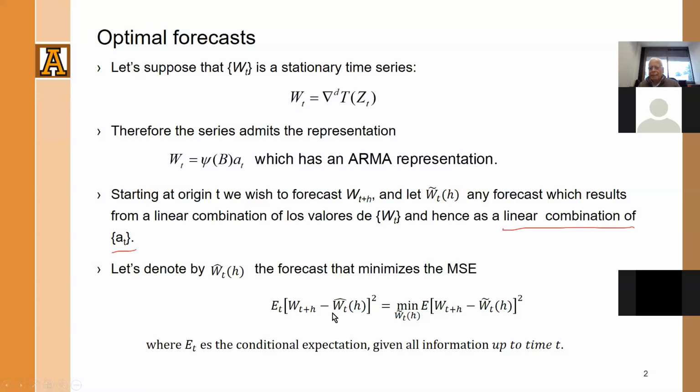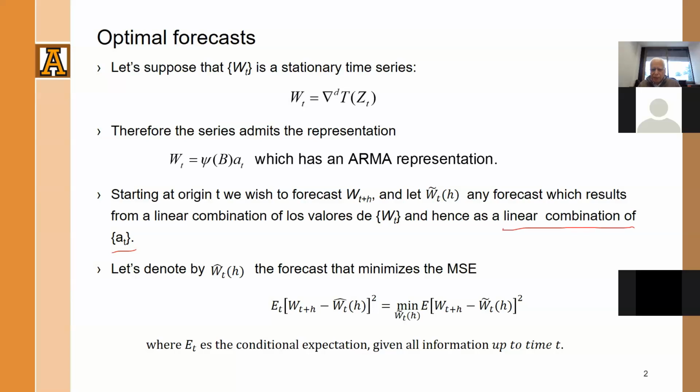That's what we want to minimize: the conditional expectation of the actual data we will observe h periods ahead, and what we will estimate to be the observation h periods ahead.